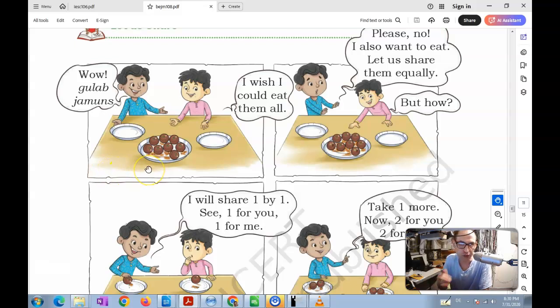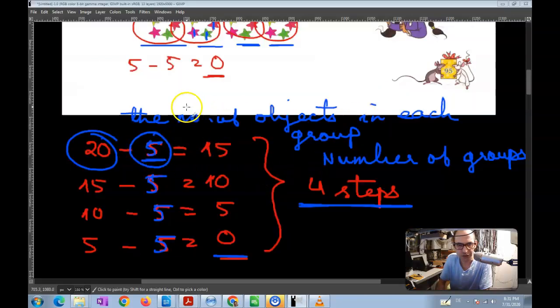So the 2, the constant number that we were subtracting, referred to the number of groups. But over here, the constant number refers to the number of objects that each group is going to get. So it's kind of the opposite of the previous situation.